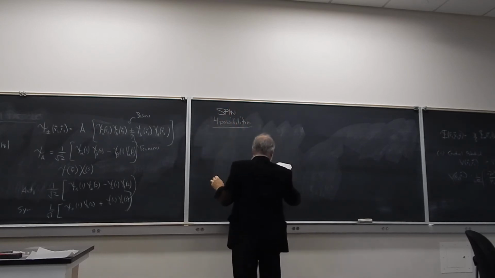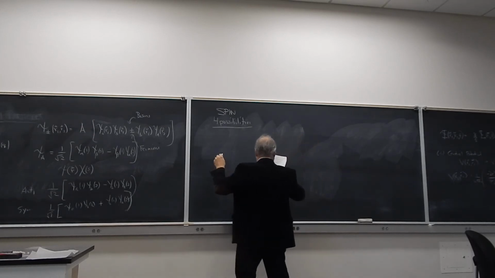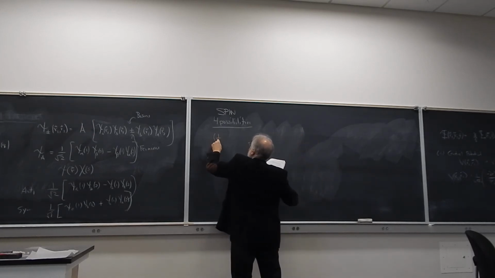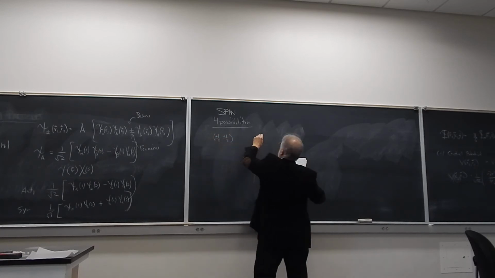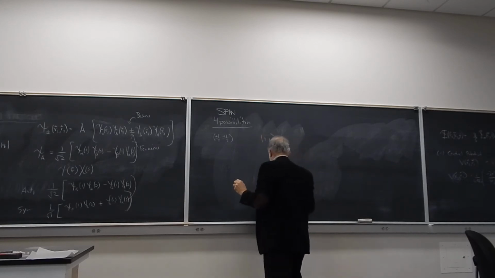For spin, this is for 2 electrons. I can have a plus 1/2 state, which we call the 1, 1 ket.